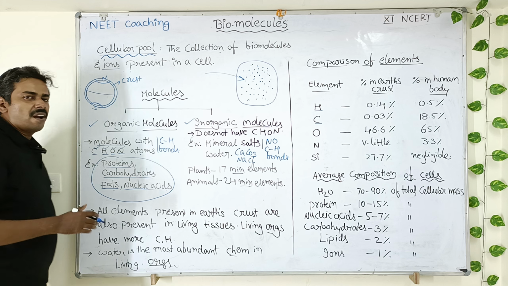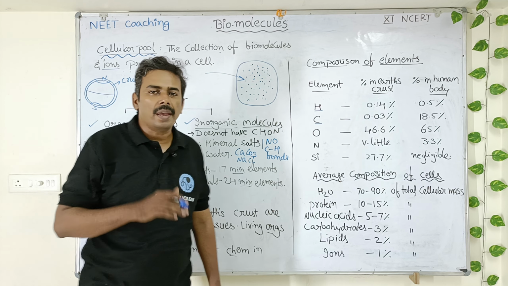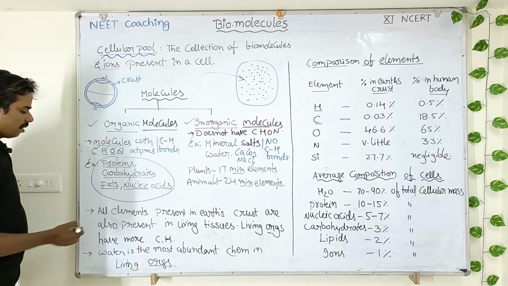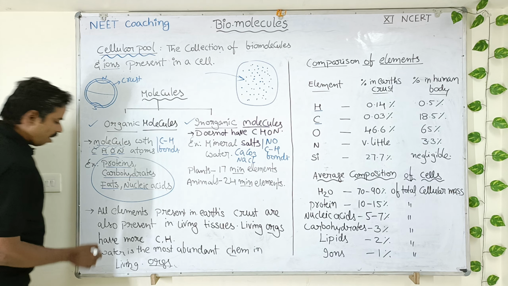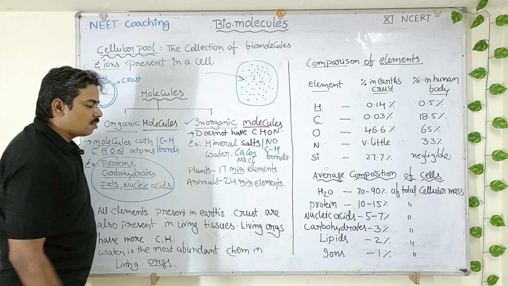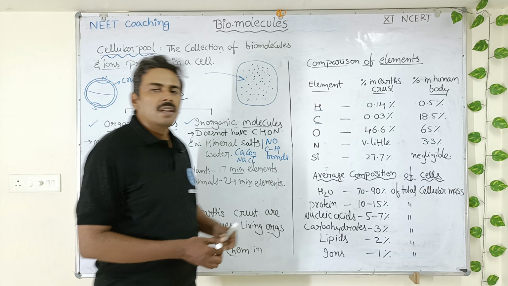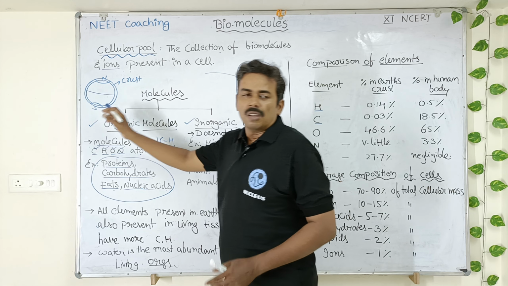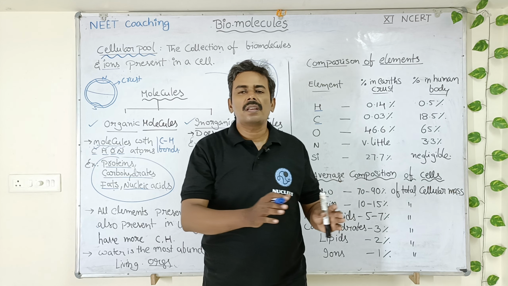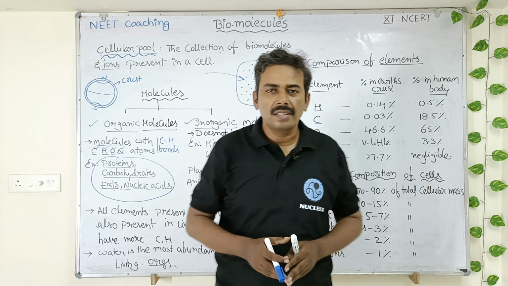In the crust, you can find different types of minerals. Scientists have found that all the elements present in Earth's crust are also present in the living tissues of living organisms.